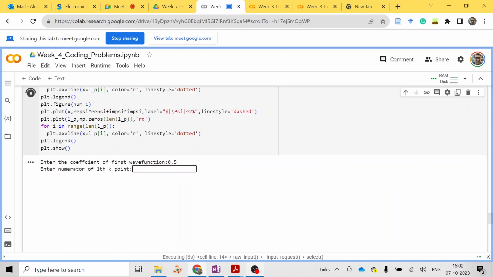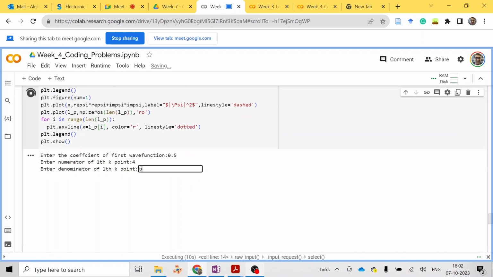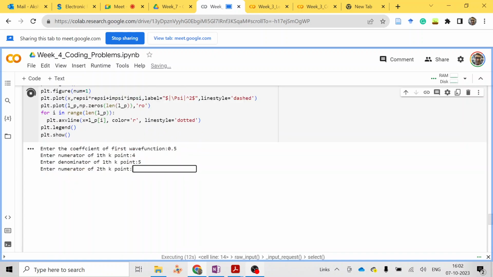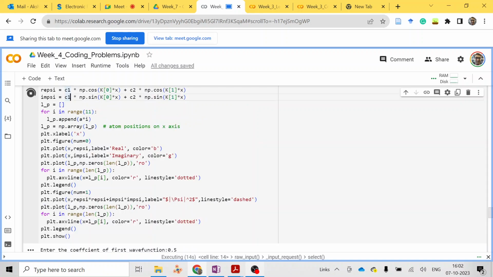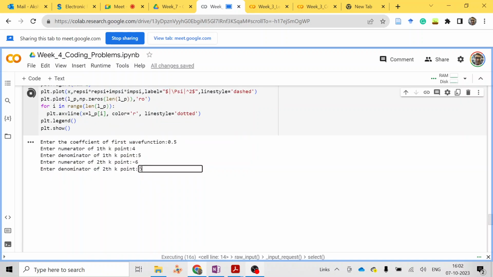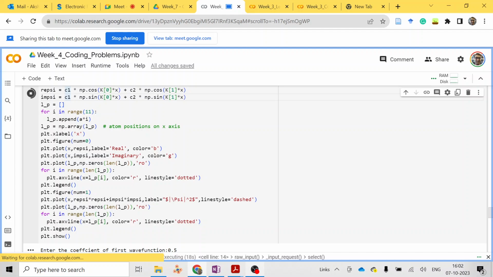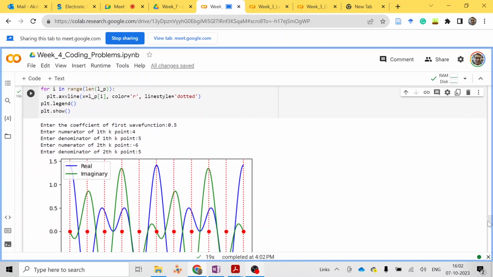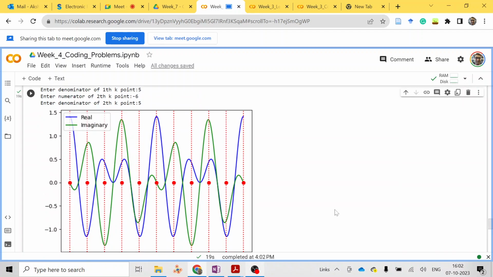The A option is first 4 pi upon 5a, so the numerator is 4, first point, denominator is 5, then numerator is minus 6 and denominator 5. Now we have to define the two conditions.